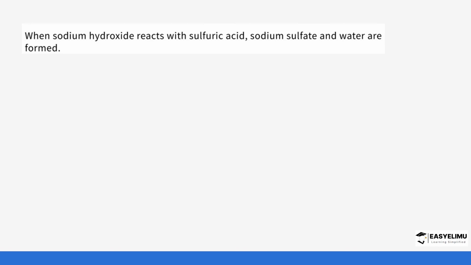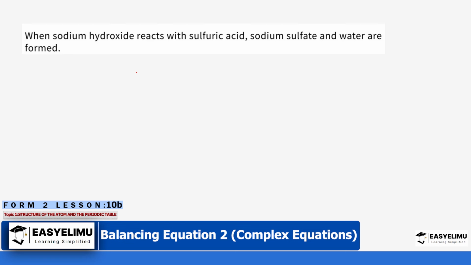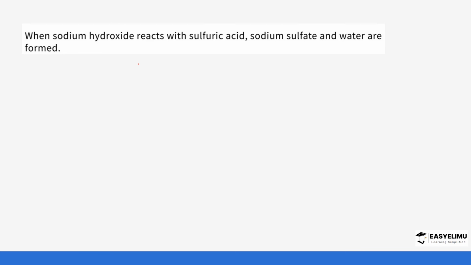So you start with this reaction. When sodium hydroxide reacts with sulfuric acid, they form sodium sulfate and water. So let's write the word equation just like we did in the previous lesson.